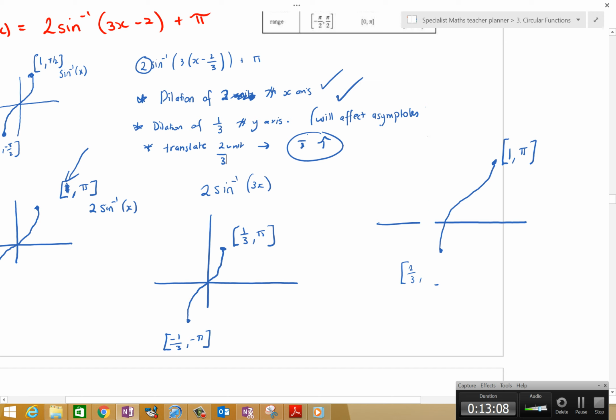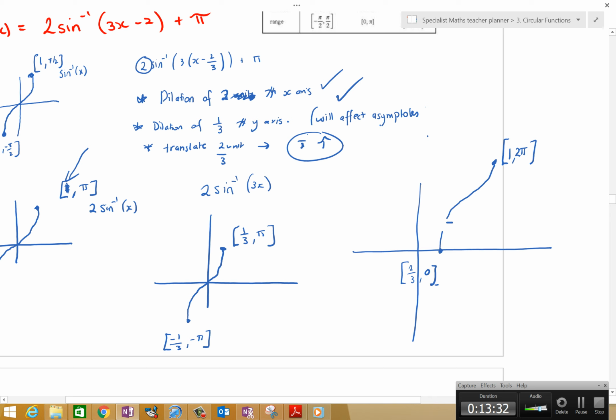I'm just going to draw the axis again. How's that sound? 2/3, negative pi becomes 2/3, 0. And that is 2 pi. Is that what you got? So we've got a graph.